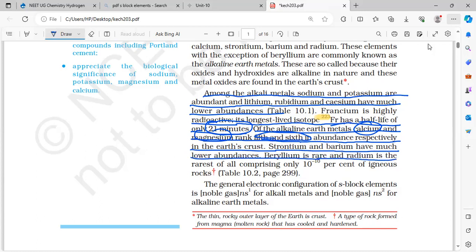Beryllium is rare and radium is the rarest of all, comprising only 10 power minus 10 percent of igneous rocks. So radium is very, very less in concentration.